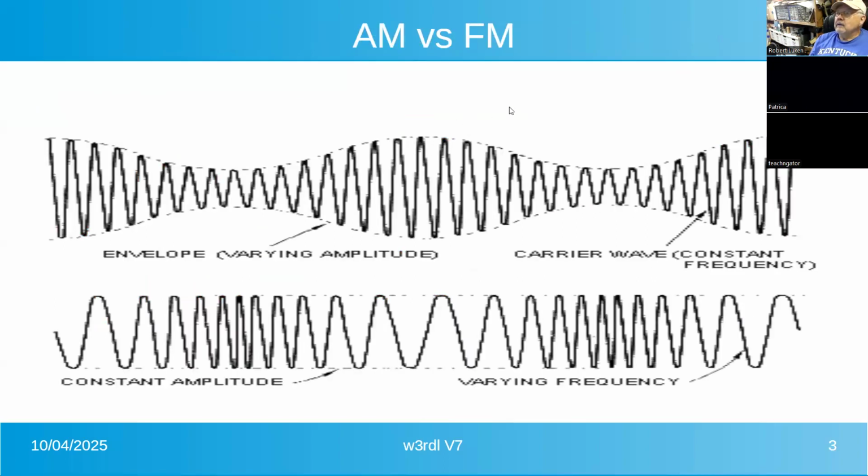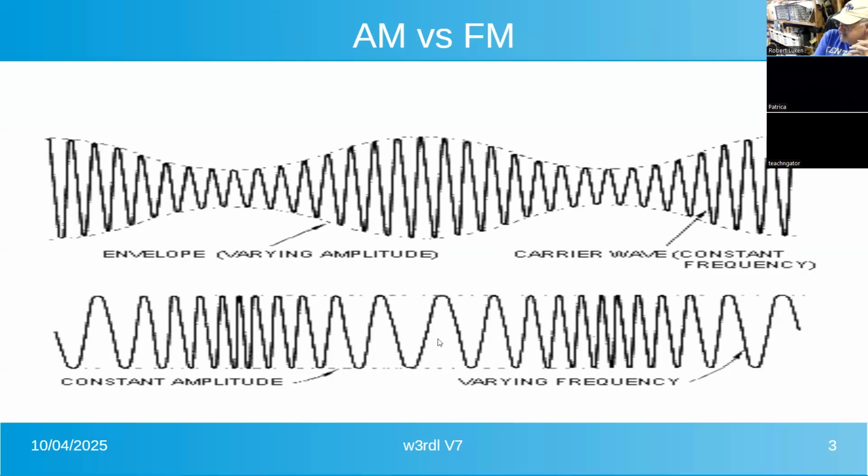This picture is showing what an amplitude modulated wave looks like, where instead of having a constant amplitude for that carrier, the amplitude changes proportional to the voice signal. Below it is the same modulating signal, but in this case, we're doing frequency modulation.